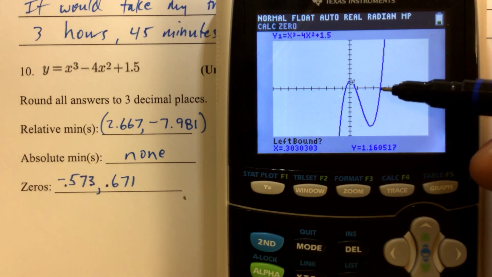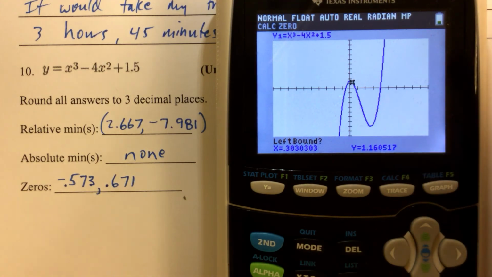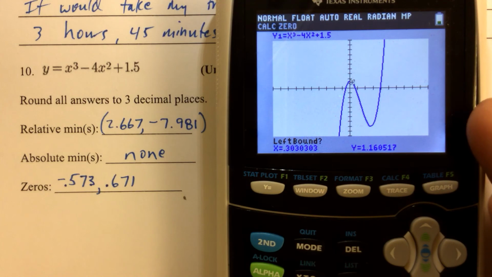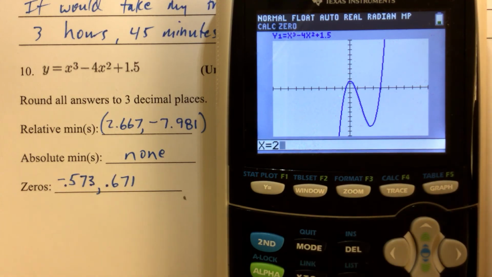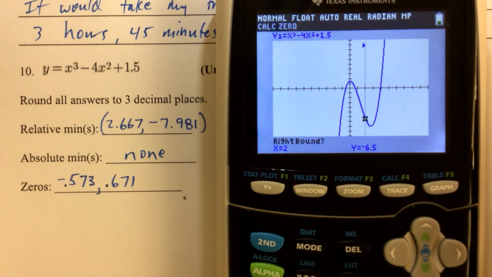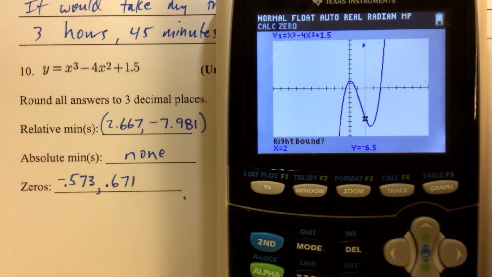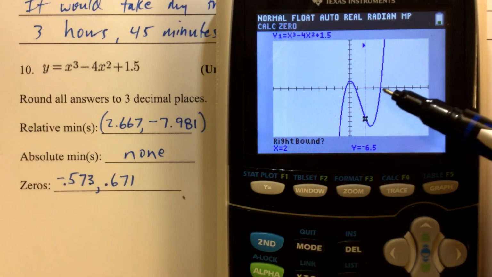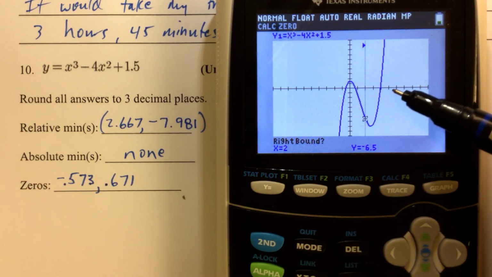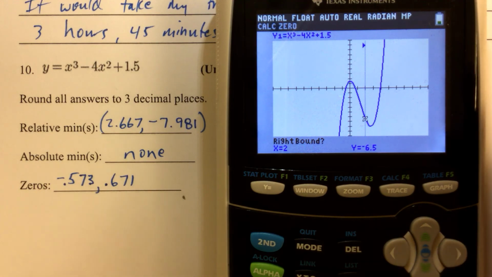So that third zero looks like it's right around 4, and so for my left bound, if I type a 2, notice that it marks 2. So I can just type a number that I know is to the left of that zero, and then I notice that 5 for sure would be to the right of that zero. So it's asking me for a right bound.